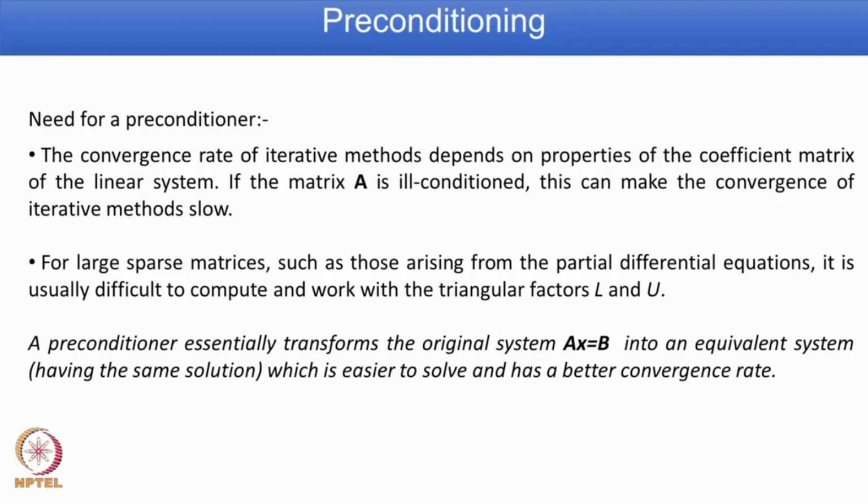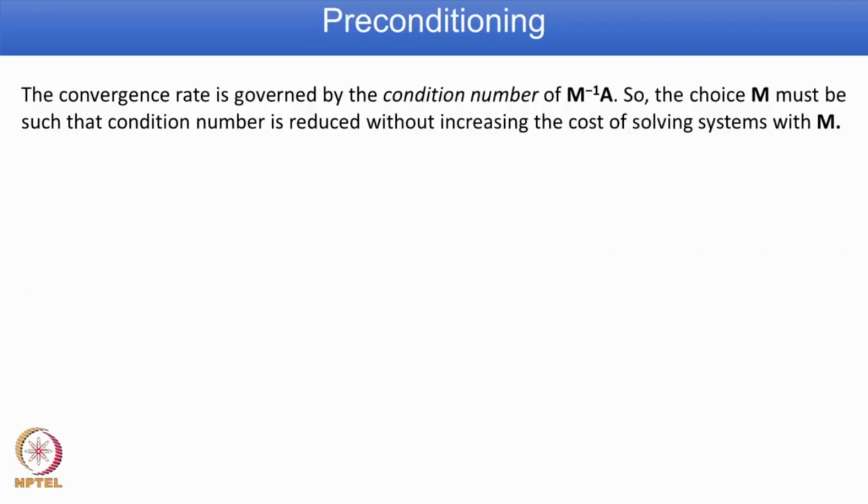A preconditioner essentially transforms the original system A x equal to b into an equivalent system which has almost the same solution as the original system, and that equivalent system is easier to solve and has a better convergence rate. Let us get some more idea about this preconditioning.